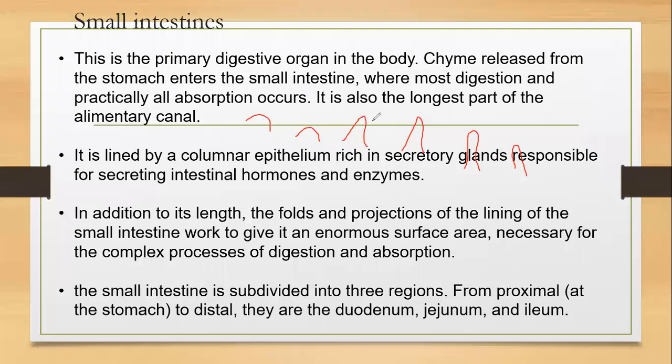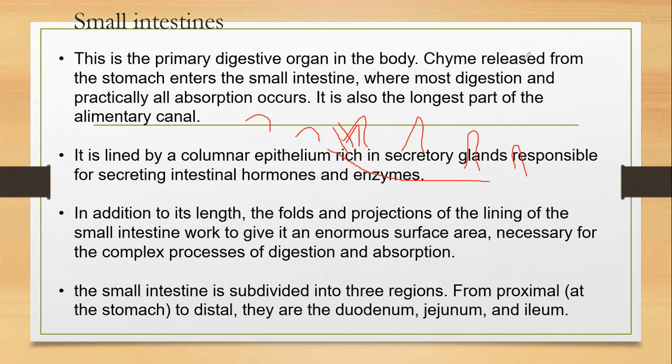Now, if I were to take one of these circular folds and enlarge it, if I cut across like that, I'm going to see the layer of epithelial cells, and the mucosa and submucosa here, because the muscular lining is at the bottom.